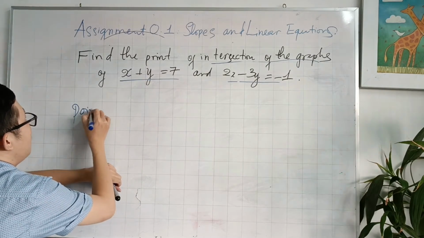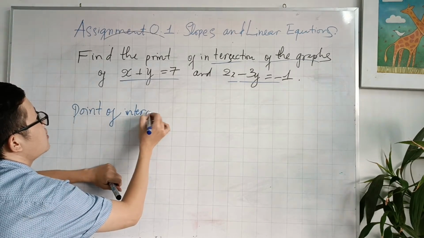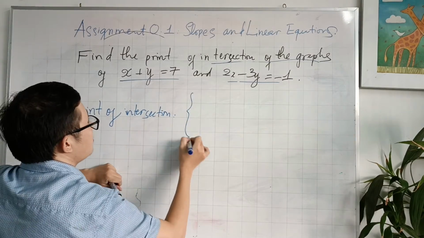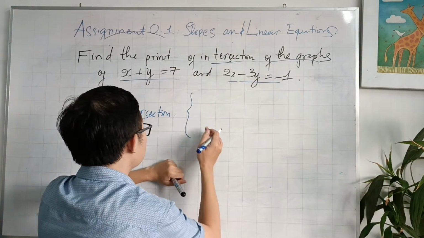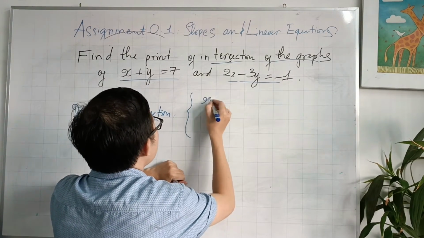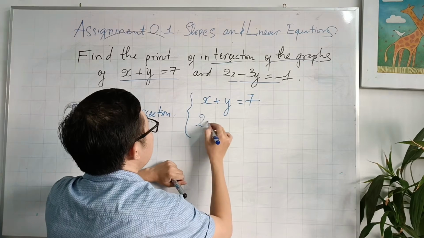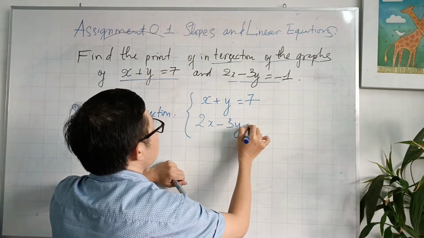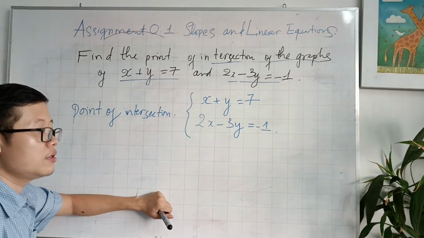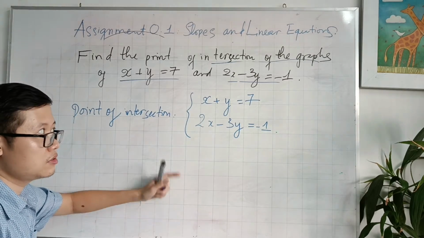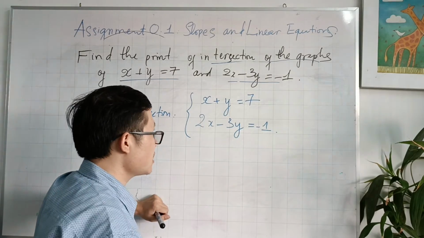So we have the point of intersection, which is the point satisfying the system: 2x plus y equals 7 and 2x minus 3y equals -1. Have you noted the way to solve this equation system?